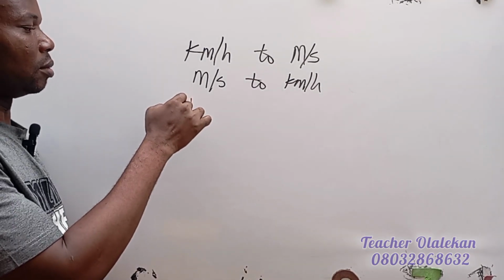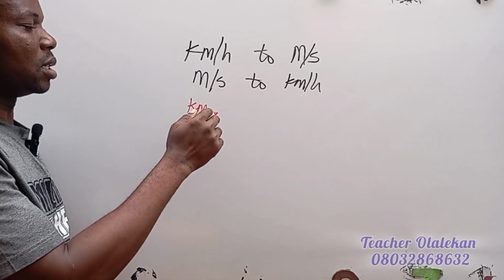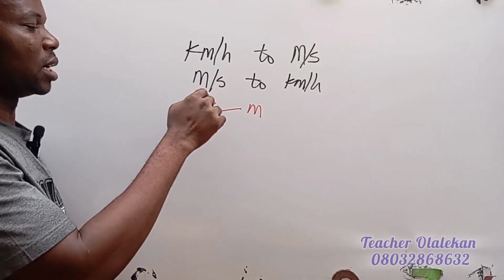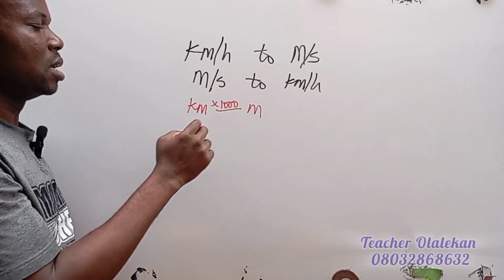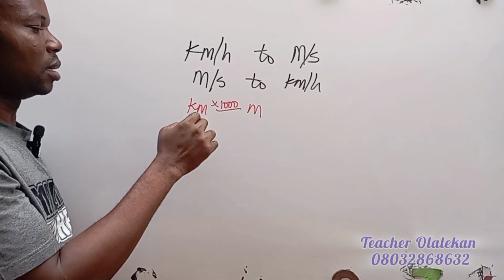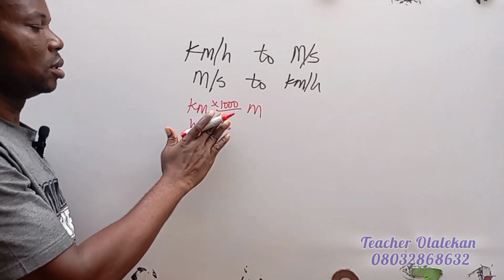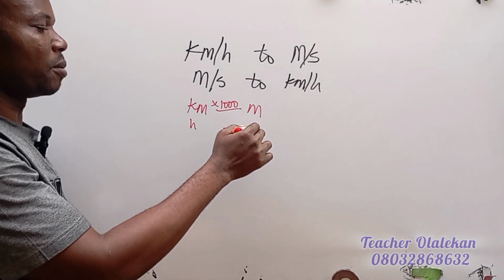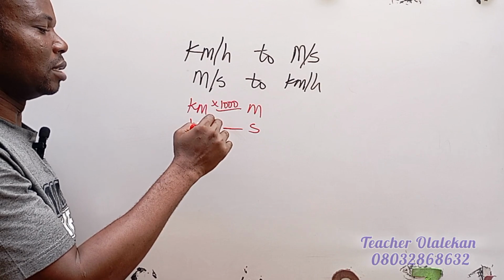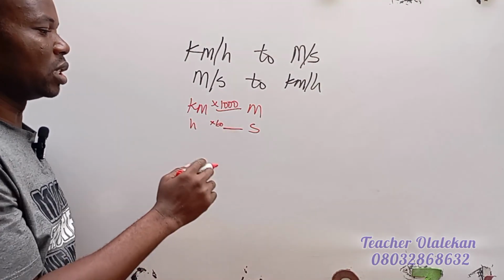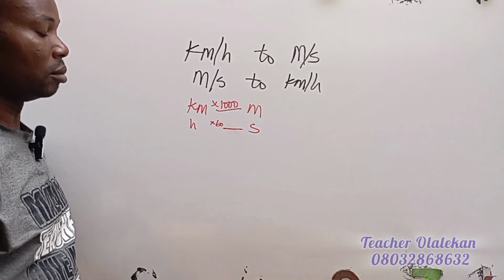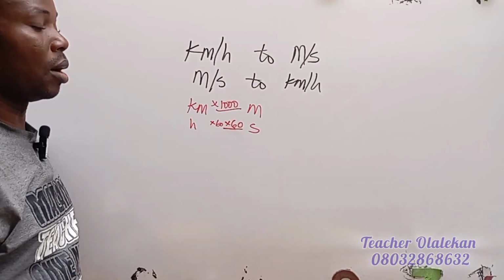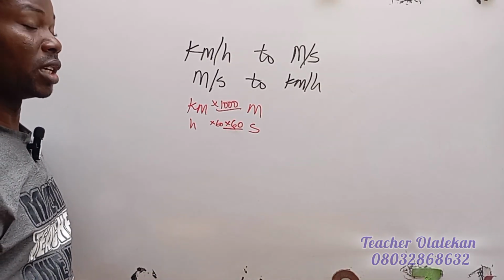When we check kilometer, if you are changing kilometer to meter, you multiply by 1000, right? And if you are changing hour to seconds, that means you multiply by 60, which will take it to minutes, and by another 60, which will take it to seconds.